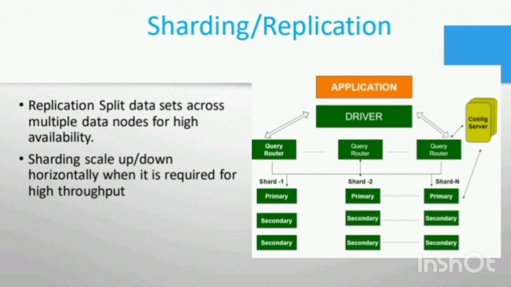This allows applications to handle large volumes of data and high traffic loads by adding more servers to the cluster, and it gives high availability. It uses a powerful aggregation framework, it supports geospatial indexing, and it has a large and active community of developers and contributors.